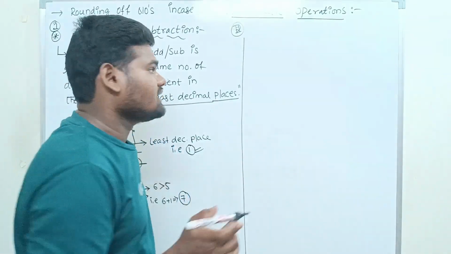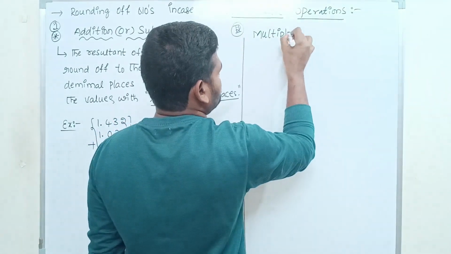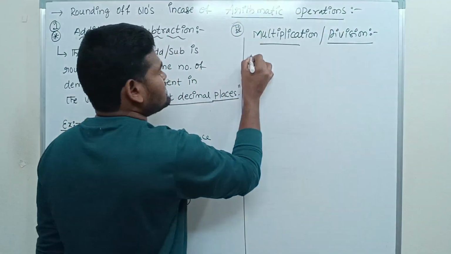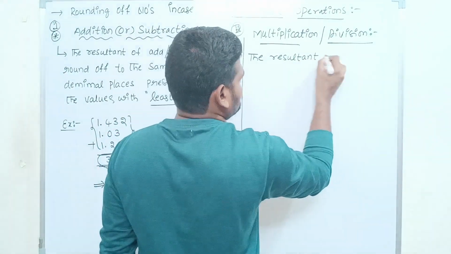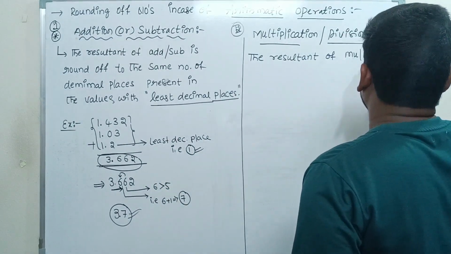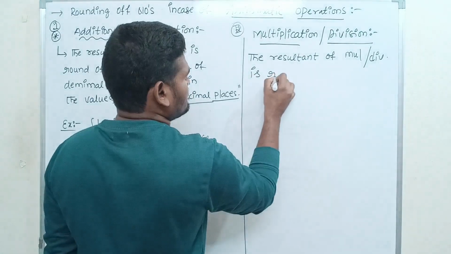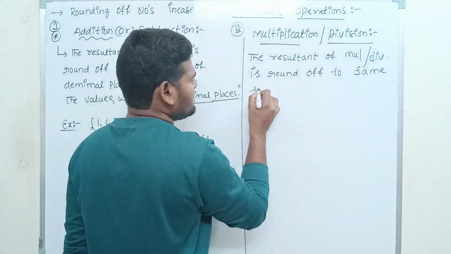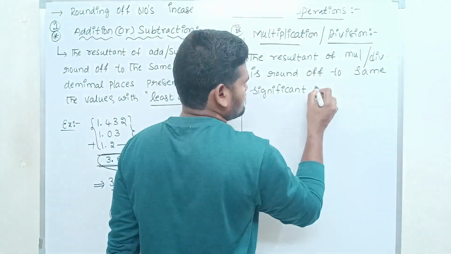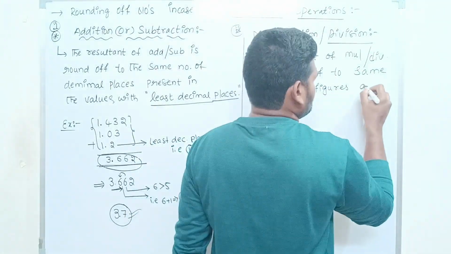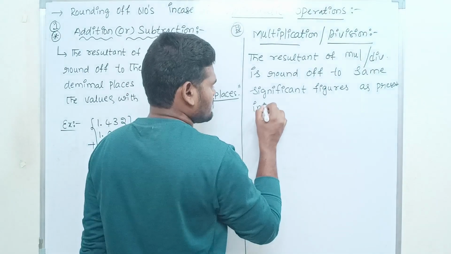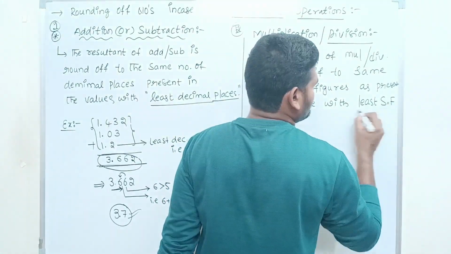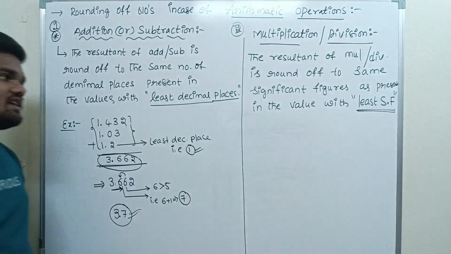Right. Let us check multiplication and division. The resultant of multiplication or division is rounded off to the same significant figures as present in the value with the least significant figures. Nothing else is there.